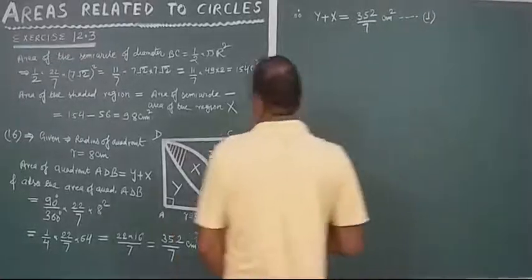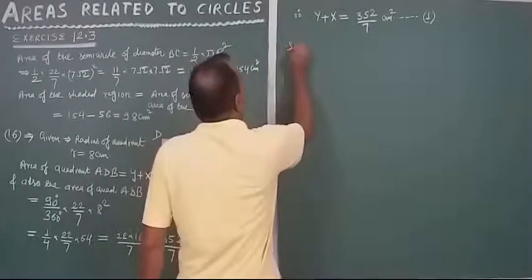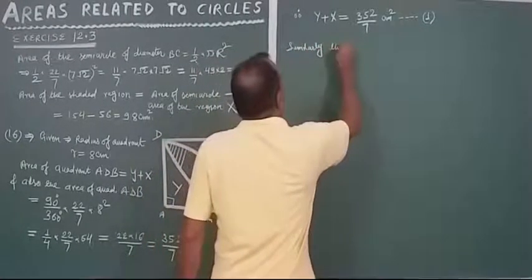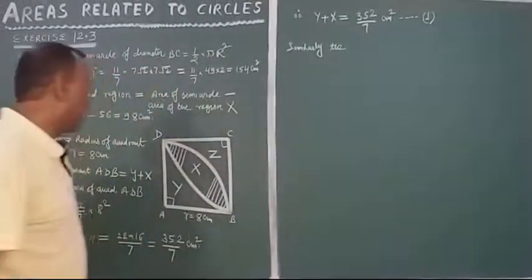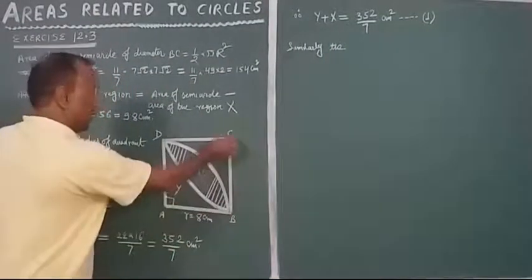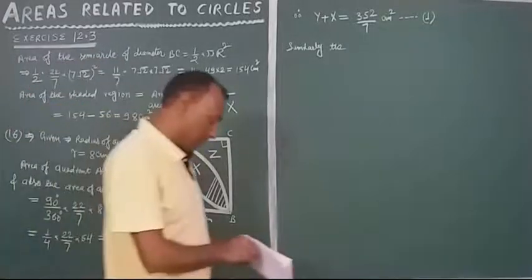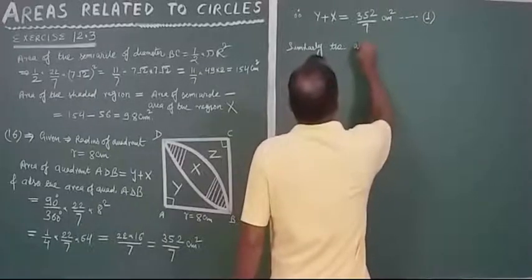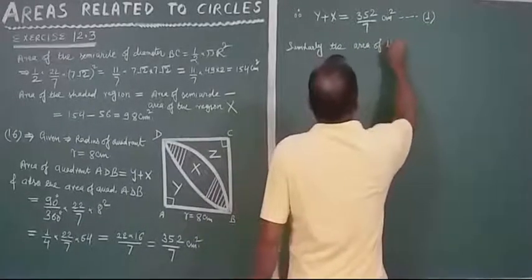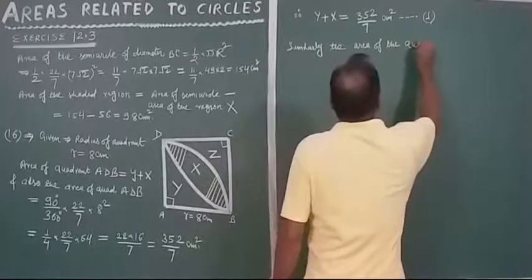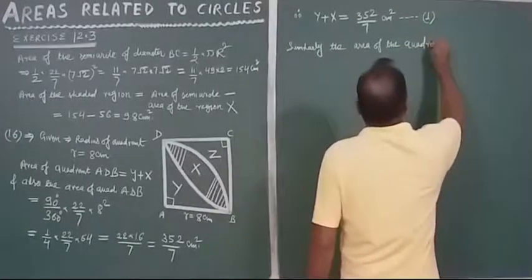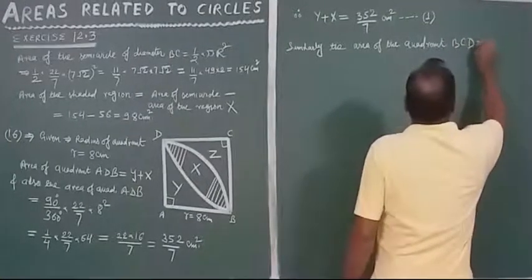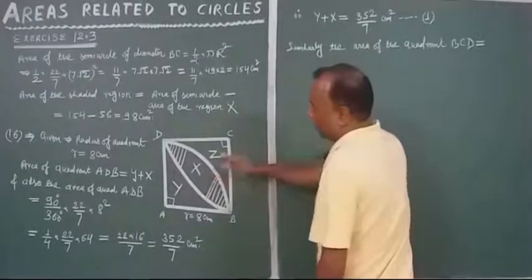Okay, now similarly, the area of the quadrant BCD. What will be this area? Just look, x plus z.